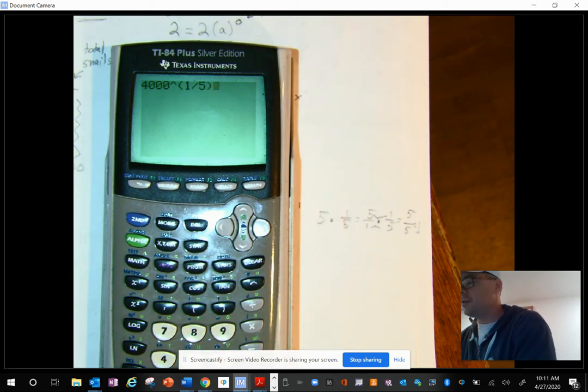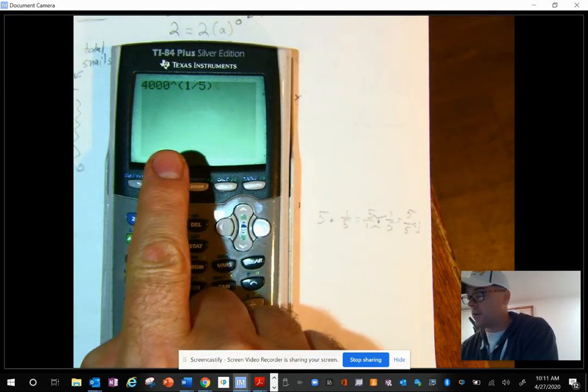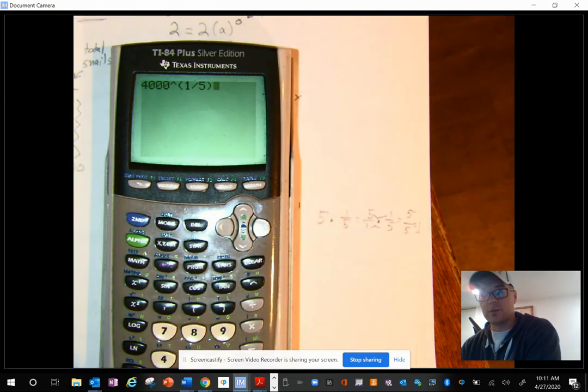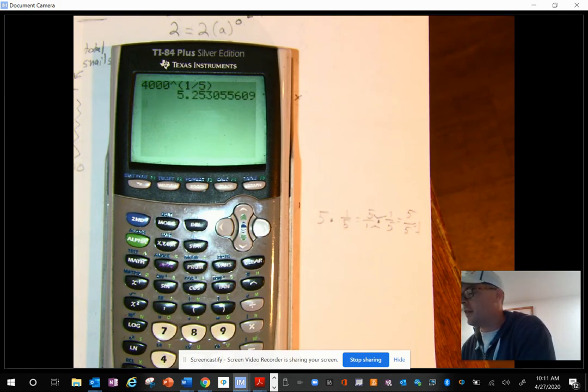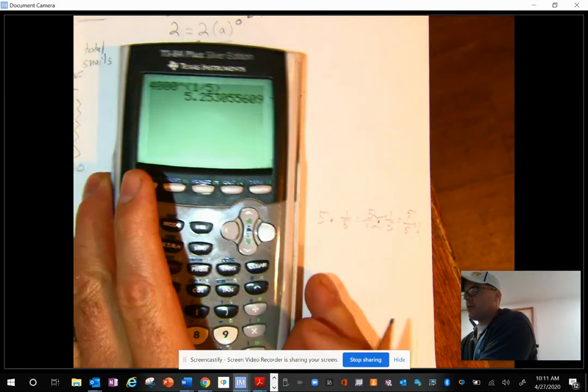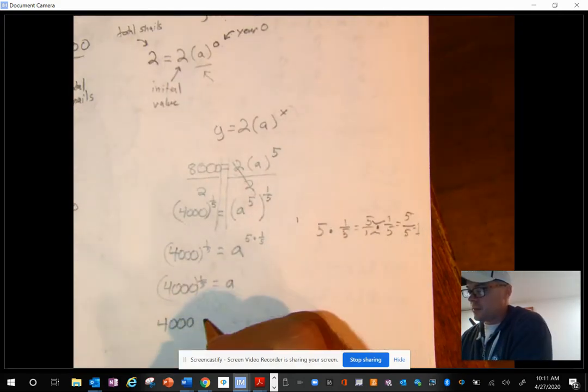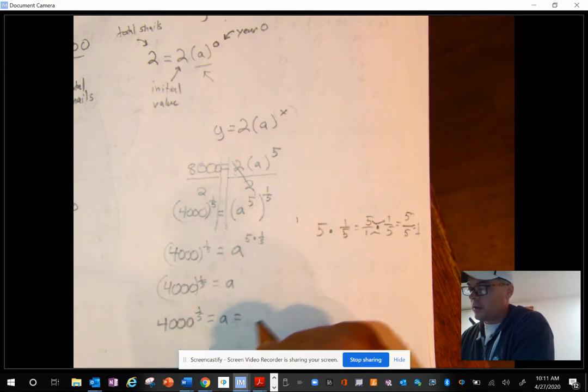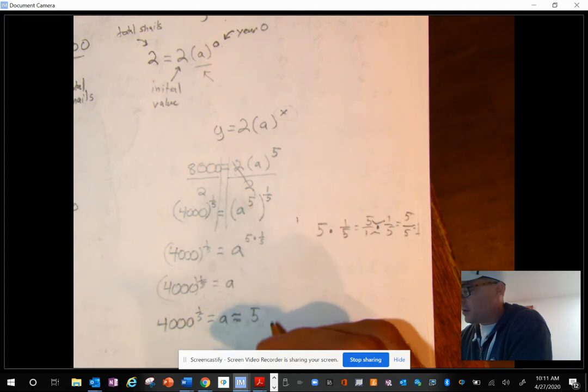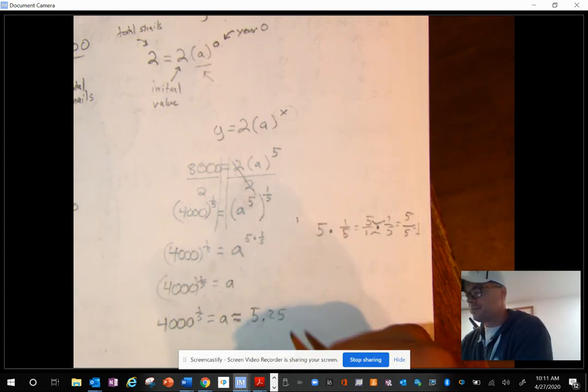Okay, if I do that, it'll give me the 5th root. Instead of the square root, it'll be like the 5th root of this, or 4,000 to the 1/5 power. Okay, so I press enter. That gives me 5.25 approximately. So that means a equals approximately, because I rounded it off, 5.25.